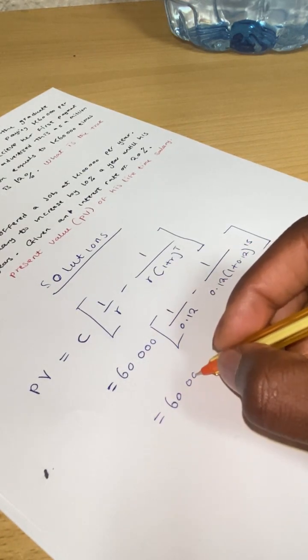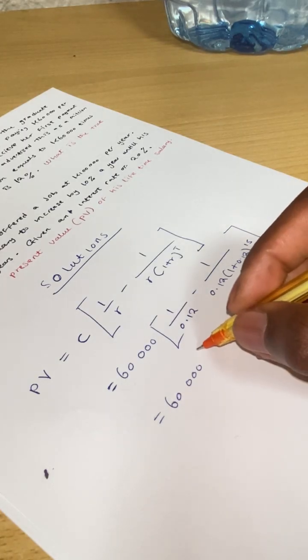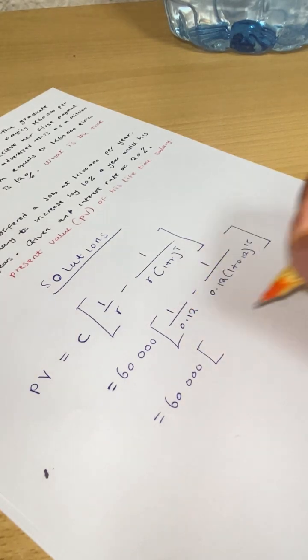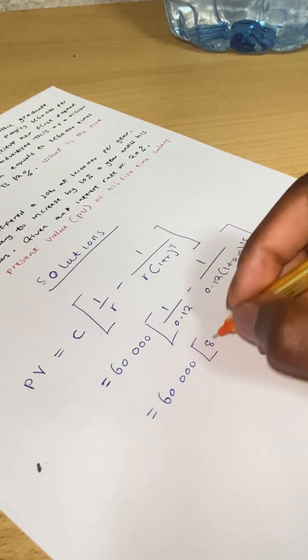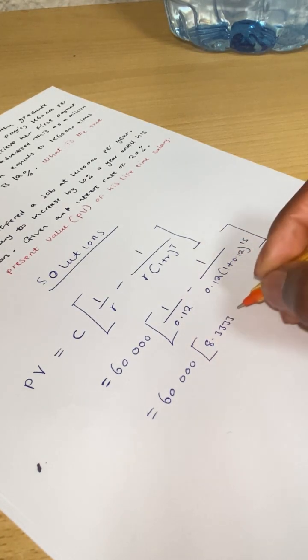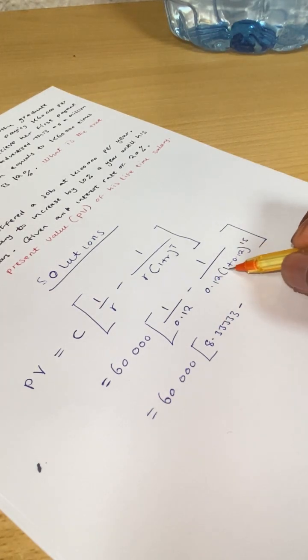So we'll say 60,000. Here I can divide 1 over 0.12, which gives me 8.33 when you punch it on the calculator. Then minus, here I'll add 1 plus 0.12, which gives me 1.12.